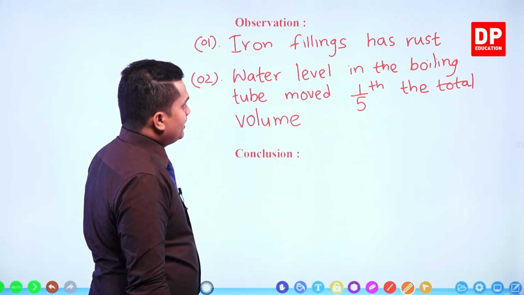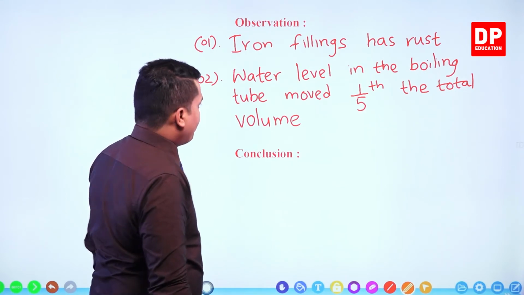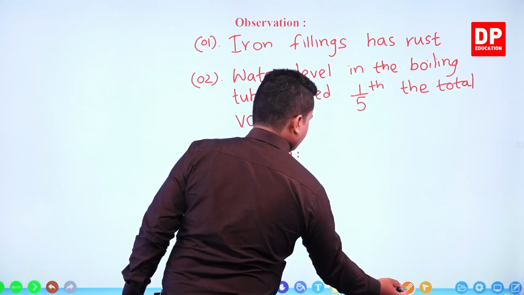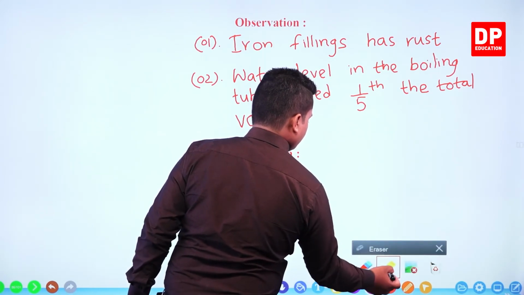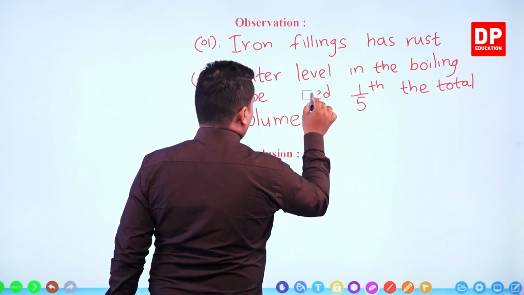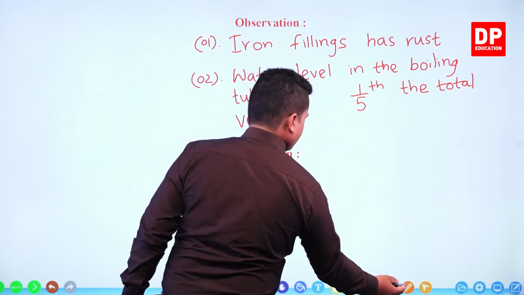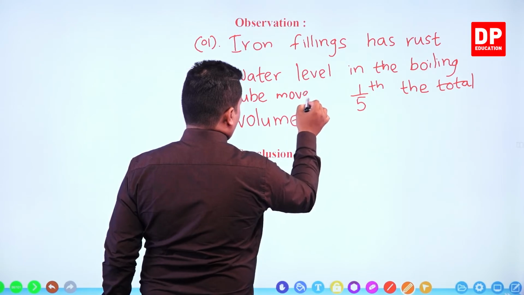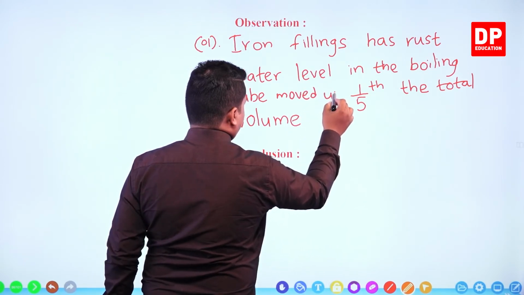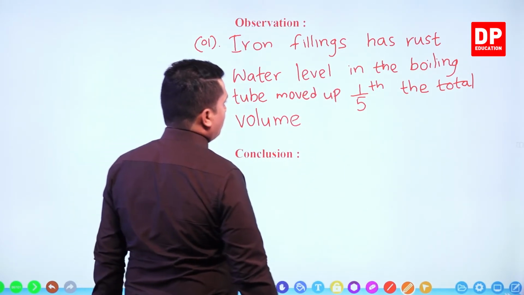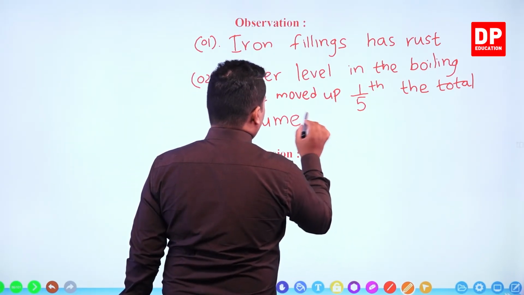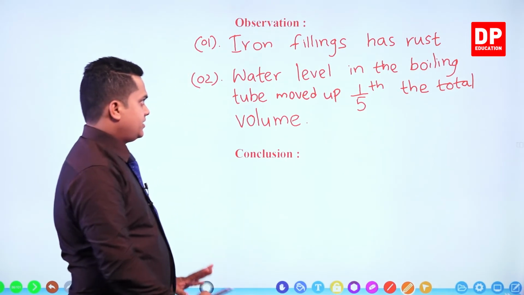So water level in the boiling tube moved up. Moved up 1/5 the total volume. That's it.